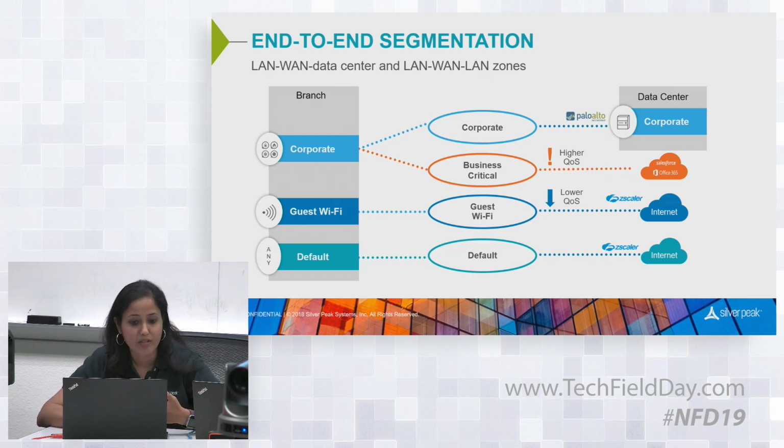We have LAN segments talking with specific policies as to how they talk to WAN overlay segments, and then how they interact with the data center segments, as well as the cloud segments. So this is exactly my demo setup, and I will go through this in the matrix. We'll drill down into the details. But to give you an idea, this is the end-to-end segmentation that is built in as part of our security policies.